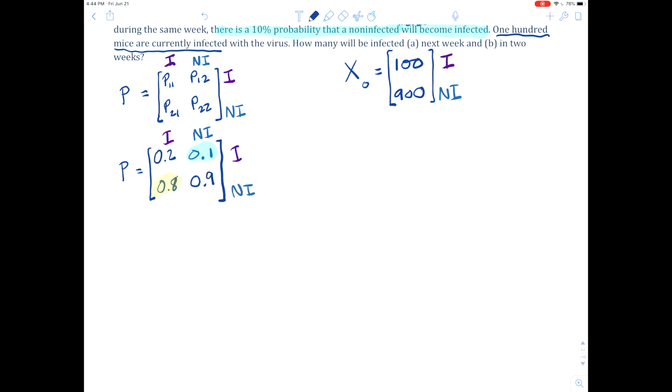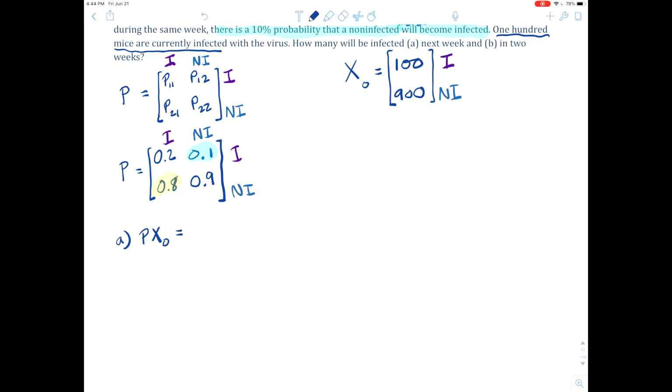Okay, so now let's take a look at what we have going on here. Part A is asking us, how many mice are going to be infected next week? So these are weekly things going on. Our time frame is a week. So next week, it would be what? P, our transition matrix, times our initial state matrix.